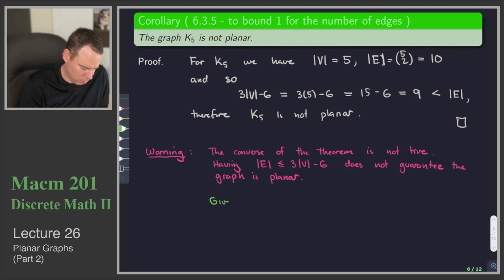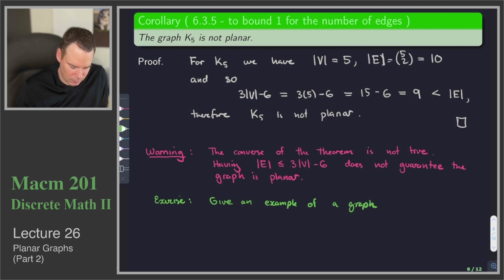And so here's maybe we'll call it an exercise. Give an example of a graph with the number of edges less than or equal to 3 times the number of vertices minus 6, but is not planar.